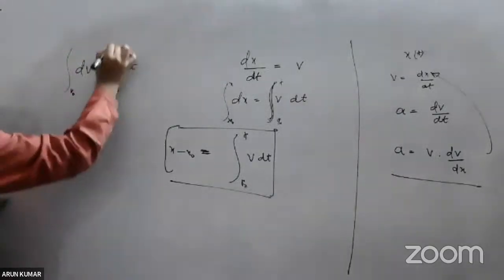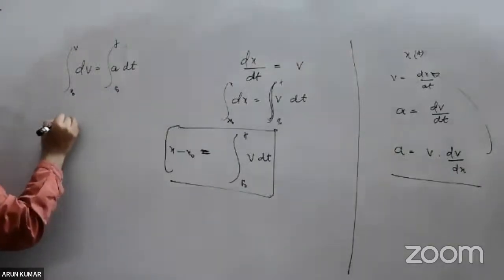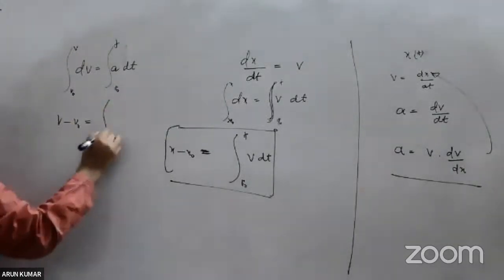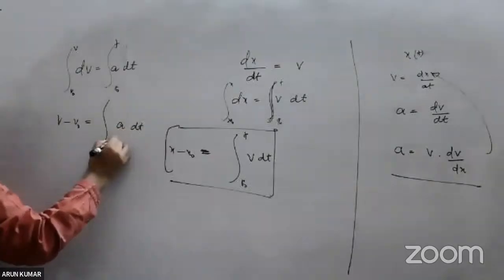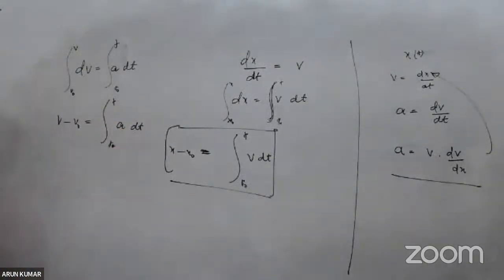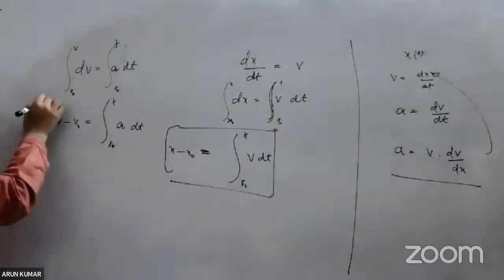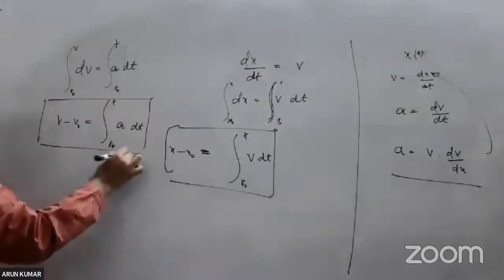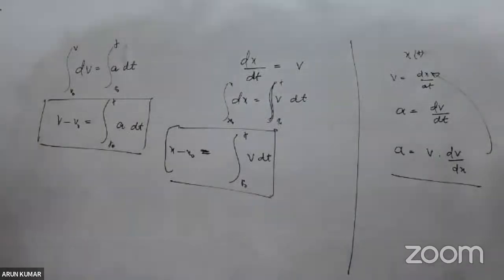At t naught, v naught, at t it's v. So v minus v naught is equal to integral a dt, t naught to t. If a is given as a function of t, I can get v as a function of t.